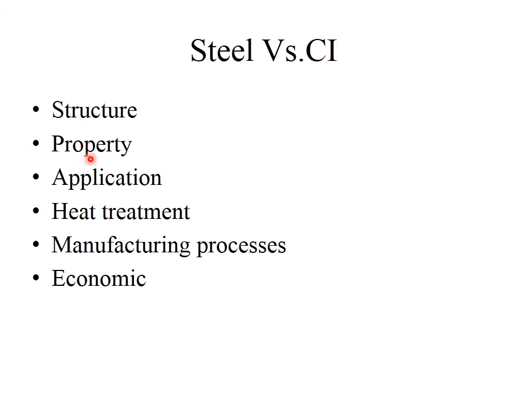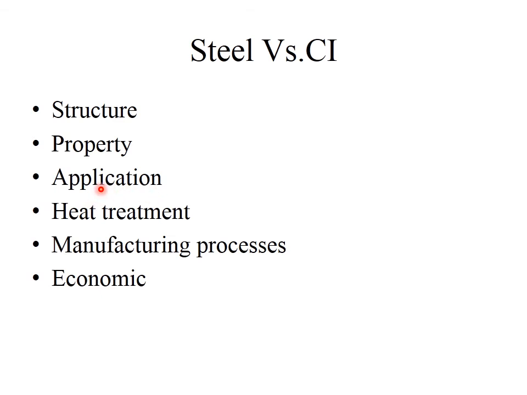What about the ductility or toughness? What about wear? What about the hardness? What about impact strength? So all these properties you can compare, steel versus cast iron. And based on this comparison, one can decide which material to be used for a particular application.